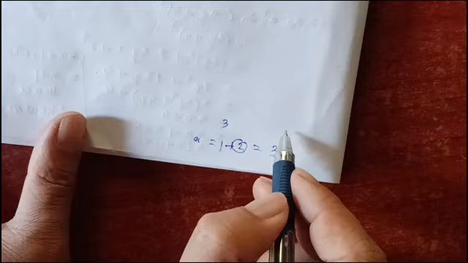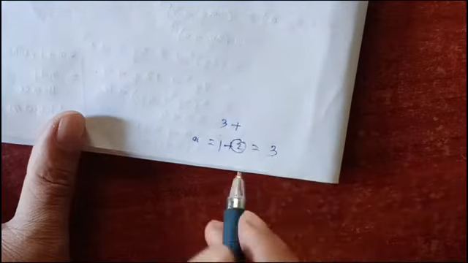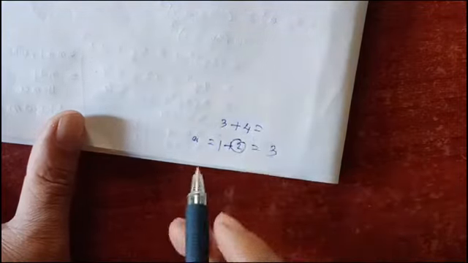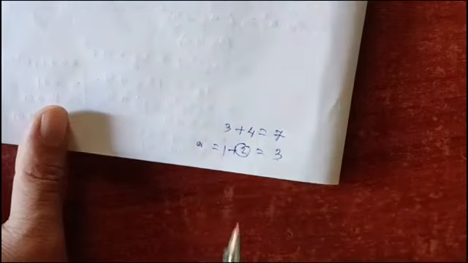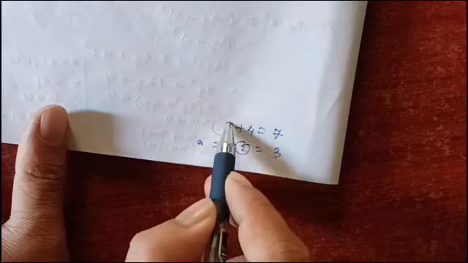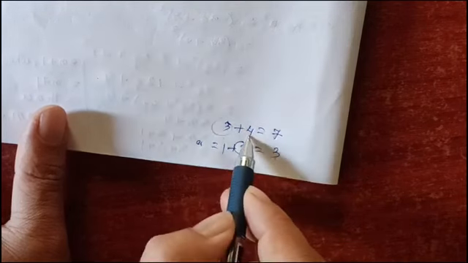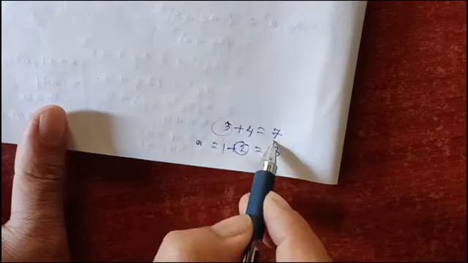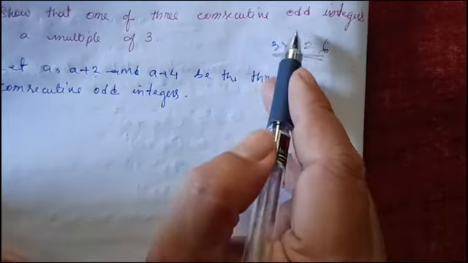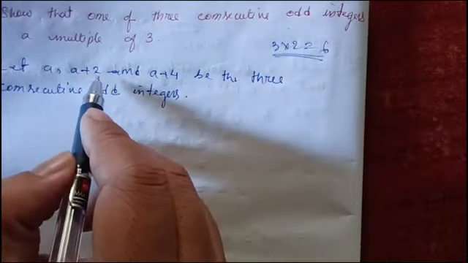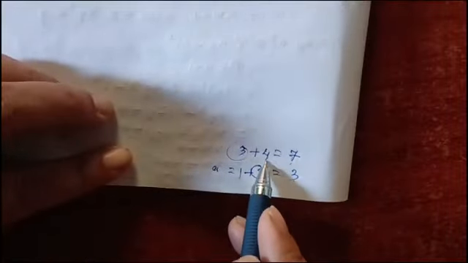If you want to get the next odd number, then add 4, right? Now look here, 4 plus 3 is 7. That means if you add an even number to an odd number, you get an odd number. Clear, right? That is why they are saying odd, and that is why we add even.